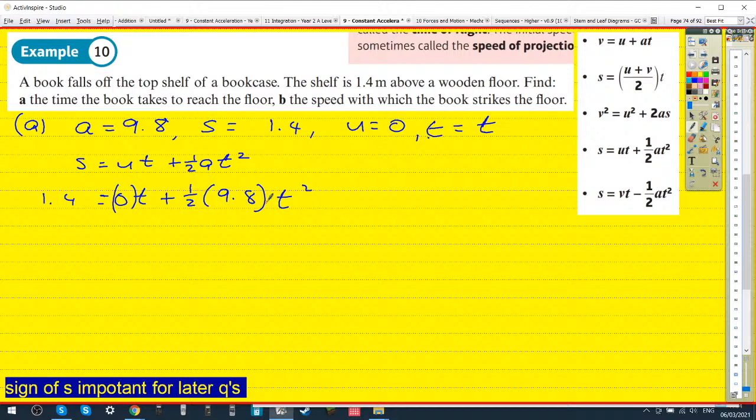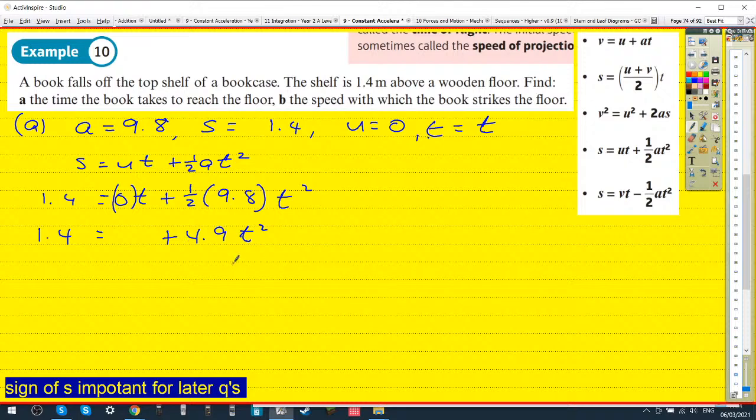So we do 9.8 times a half, which is 4.9. So it'd be 1.4 equals 4.9 times t squared.